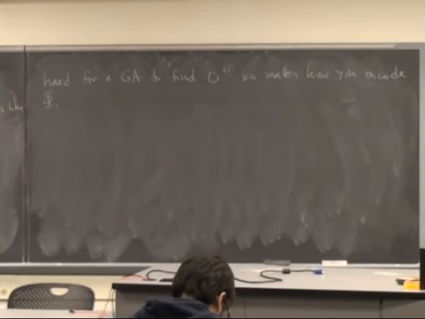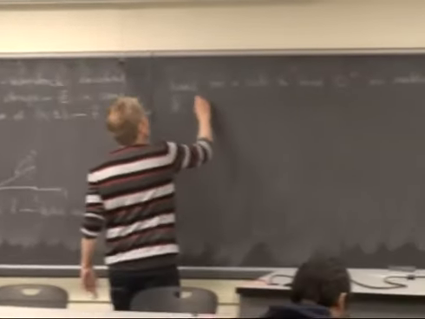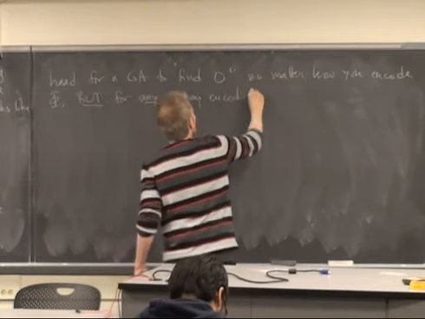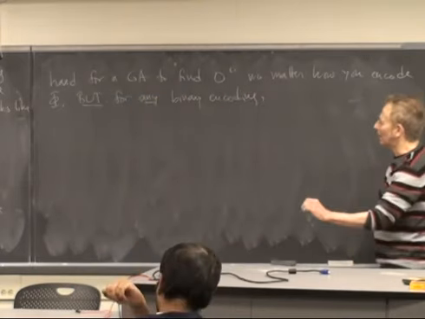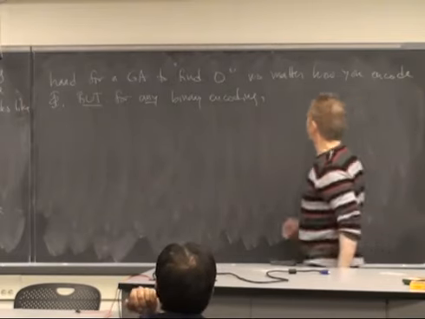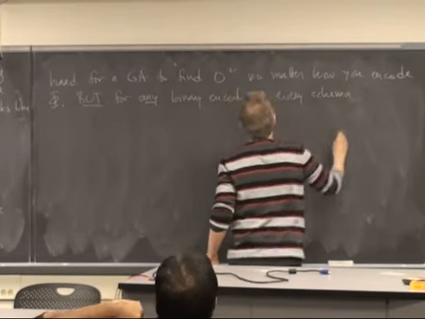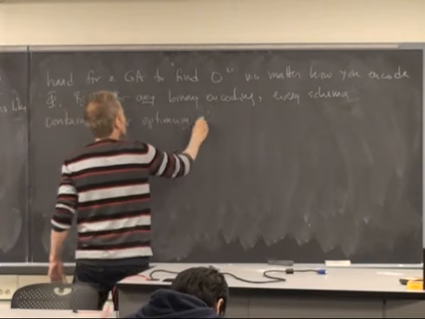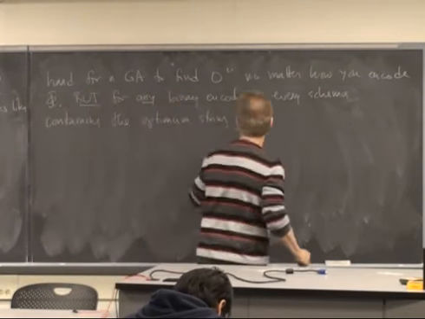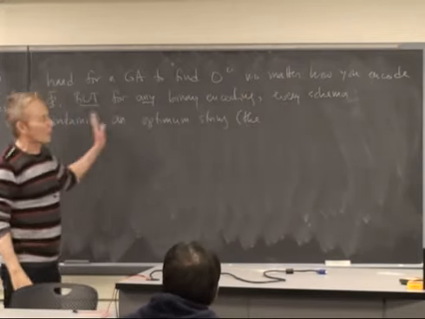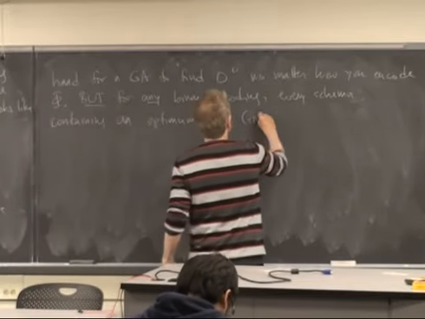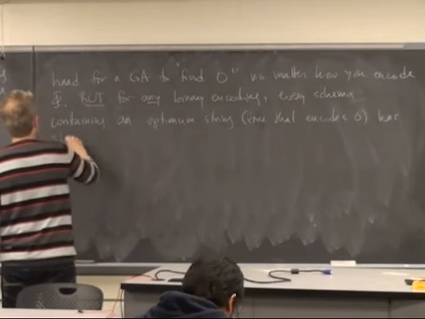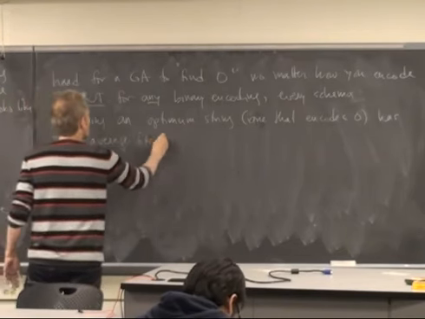However, notice that no matter how you encode phi, for any binary encoding, okay, any schema that contains the string encoding the optimum, so every schema containing the optimum string, the one that encodes 0, and actually let me just say an optimum string, because remember we allow encodings to be many to one, has static average fitness what?